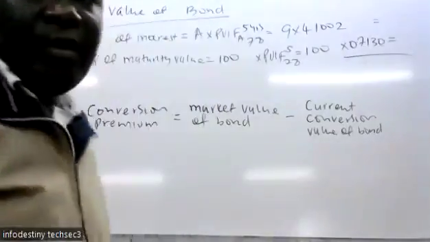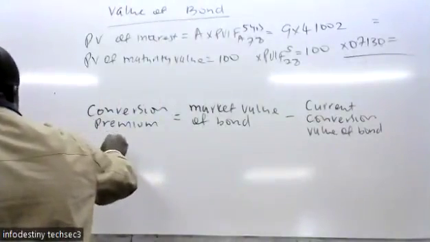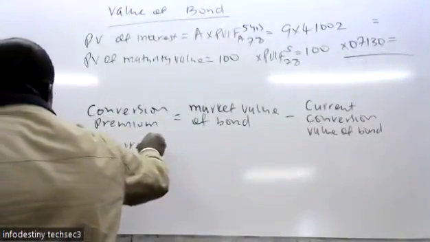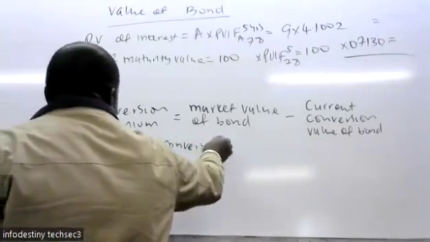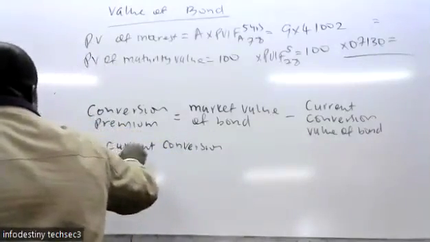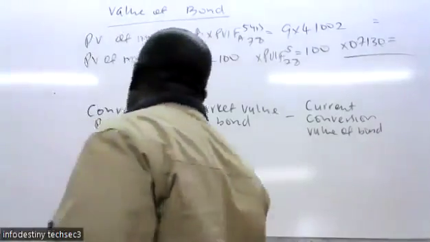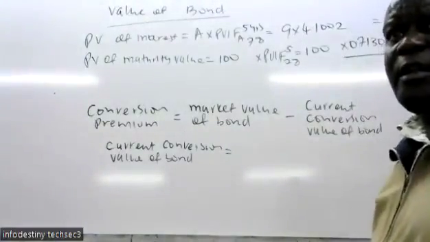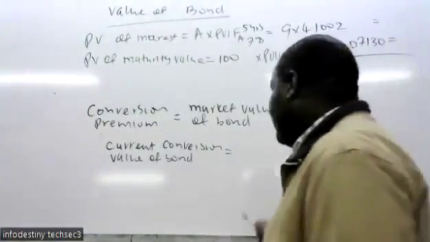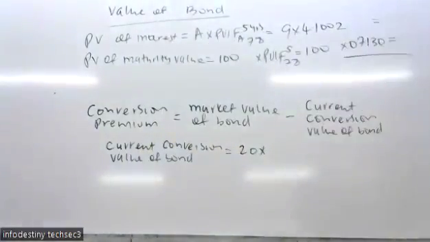To get the current conversion value of the bond, you simply take the number of ordinary shares, because it can currently be converted into 20 ordinary shares. But we use the current market price.